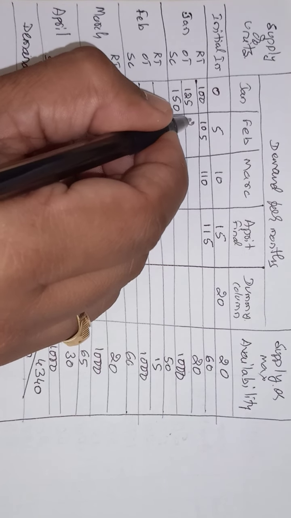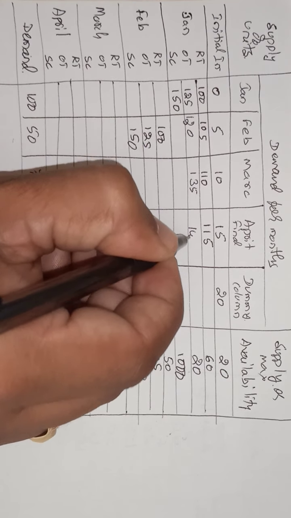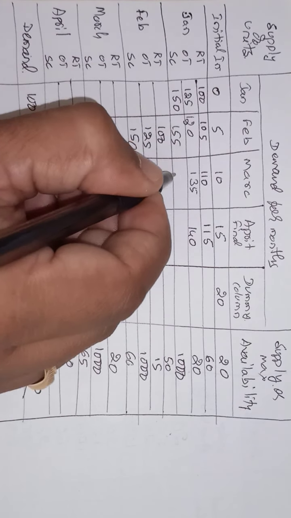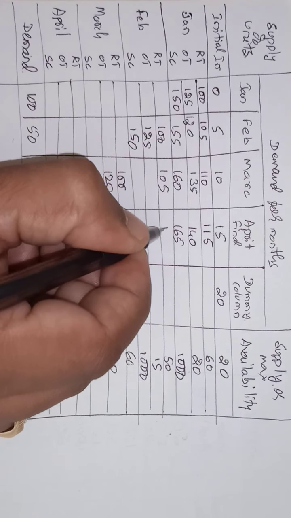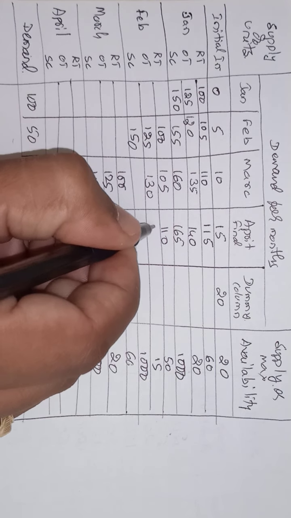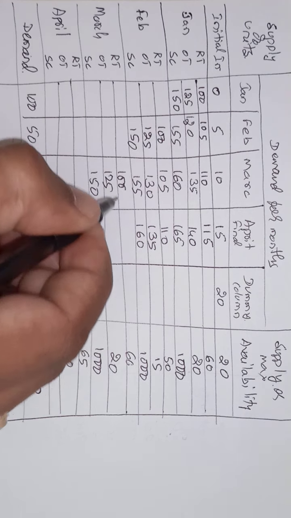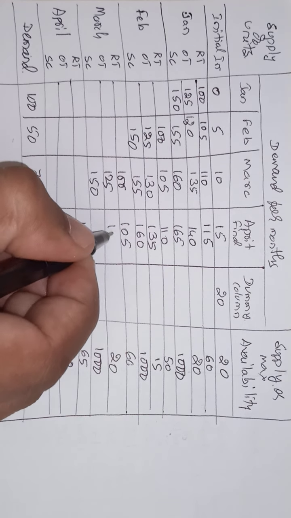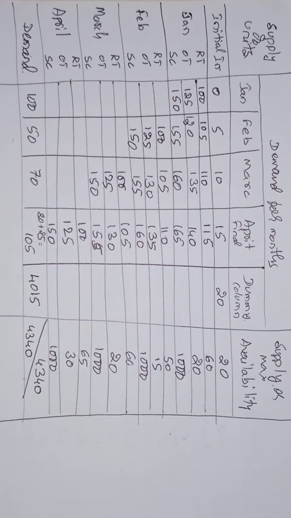So here 125, 130, 135, 140, 155, 160, 165, 100, 105, 110, 130, 135, 155, 160, 100, 105, 130, 155, right.